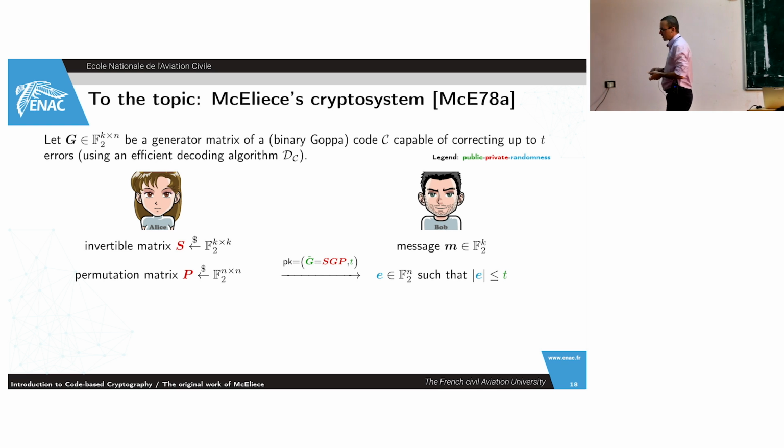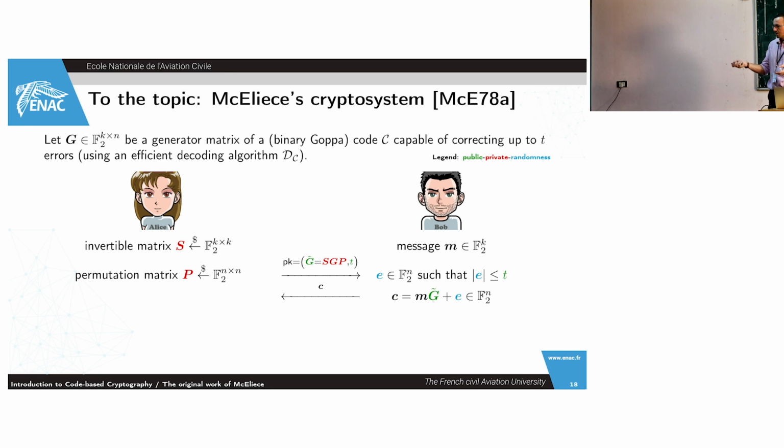And we have a complicated formula to decrypt, which is: I begin by multiplying on the right by P minus 1. Then I decode this product. This gives me C tilde. And finally, I multiply C tilde on the right by S minus 1. Okay? So I have a question for you. What about the correctness of the scheme?